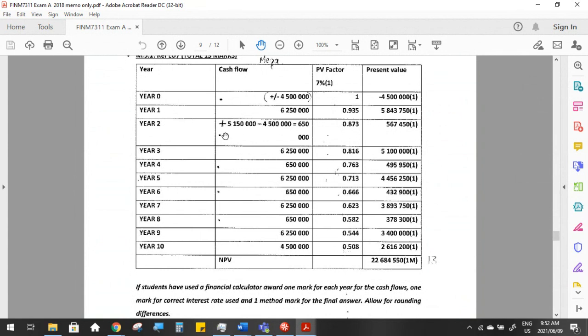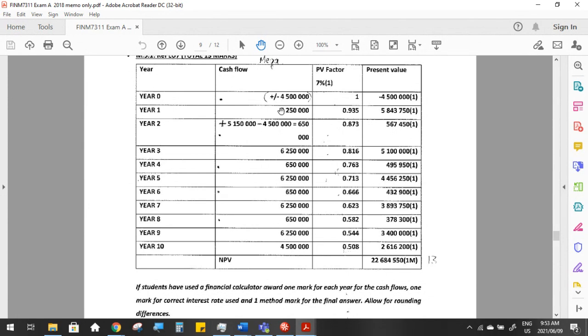So at the end of year 2, we reinvest our 4.5 million. In other words, cash out again in year 2, and then cash in year 3 and year 4. At the end of year 4, it will also be cash out again and in year 5 and year 6. In year 6, it will be cash out and so on.